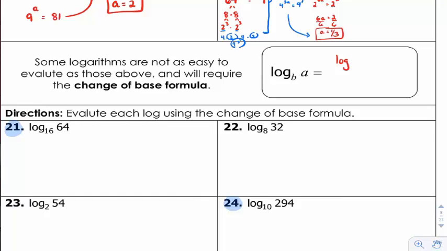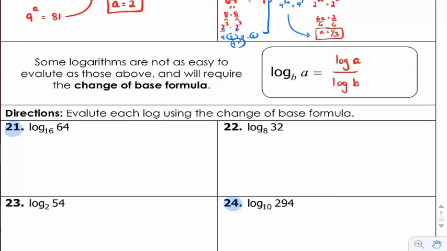So it's going to be log A divided by log B. This formula works with any base you want. But because your calculator only uses log base 10 or log base e, those are the only two bases we'll more than likely be changing our logs into. There's really no other reason to use another one. So right now we're just going to use common log, log A over log B. We will use natural log when we get there.